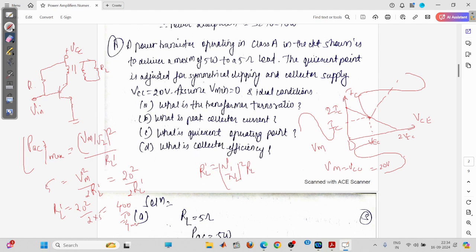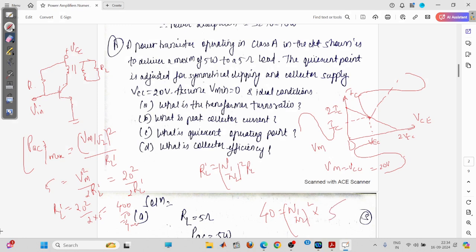So now you are having this 5 ohm. This is 40 equals N1 upon N2 whole square into RL. Actual load impedance is always given in the problem. So this is the 5 ohm, right?